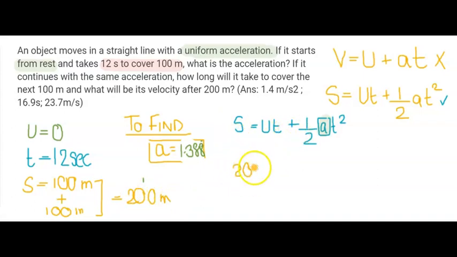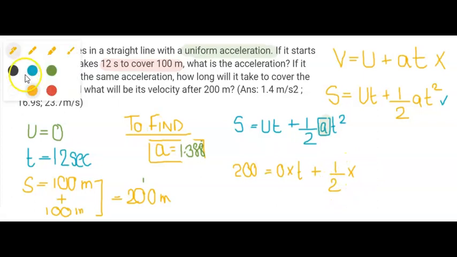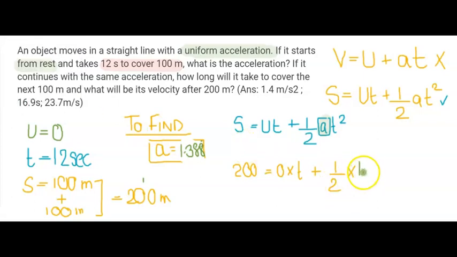So you do 200 equals, what's the u? U is still 0. 0 times time. Well, actually, it's simple and easy. Multiply by 1.388. When you do that in calculator, make sure you put loads of 8's so you get an accurate answer.